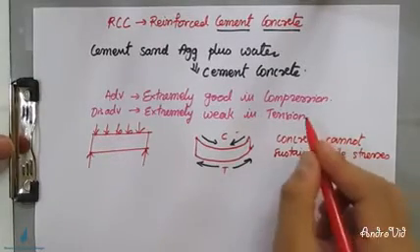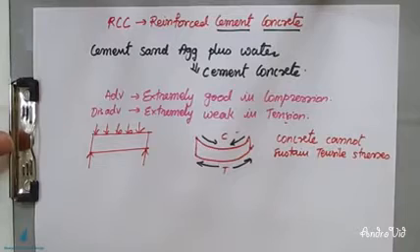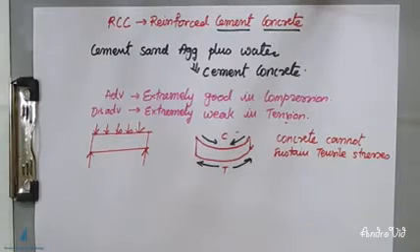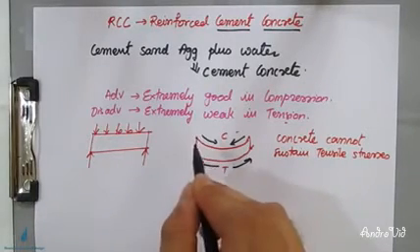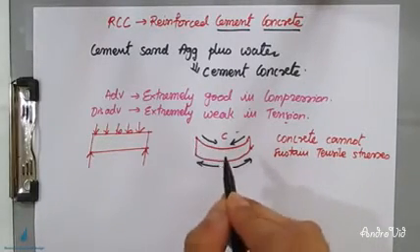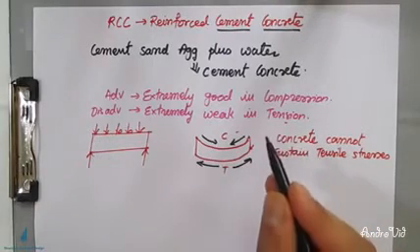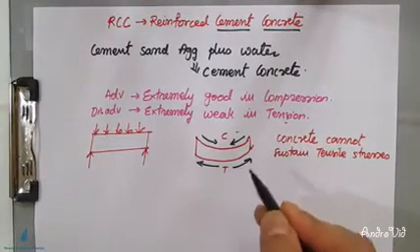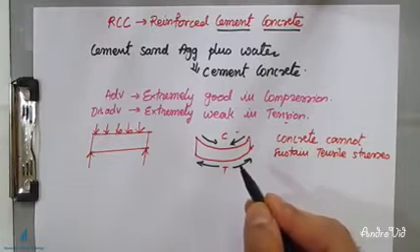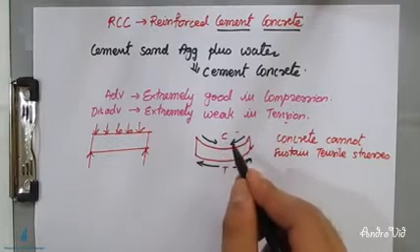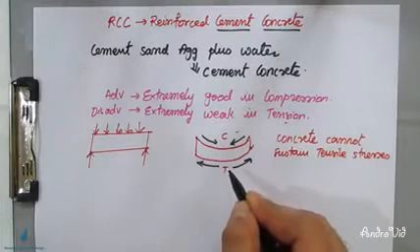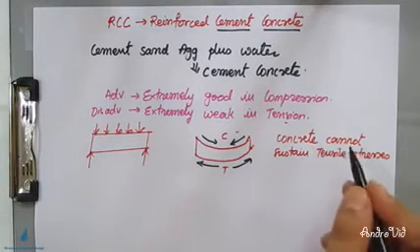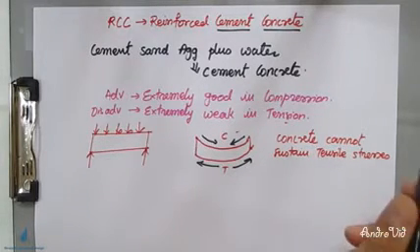So if you construct a structural element, suppose an RCC beam, for example a simply supported one, it will undergo bending. It has two zones, compression zone and tension zone. The concrete being good in compression, the compressive stresses are taken care of by concrete, but the concrete is extremely weak in tension, therefore concrete cannot sustain tensile stresses alone.